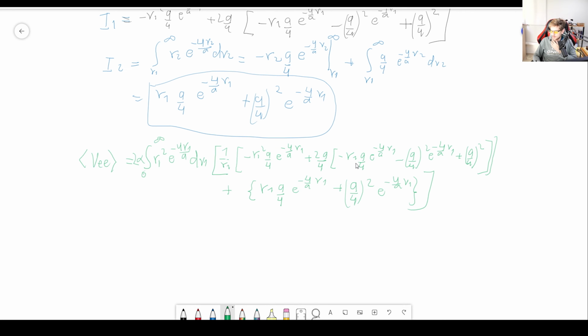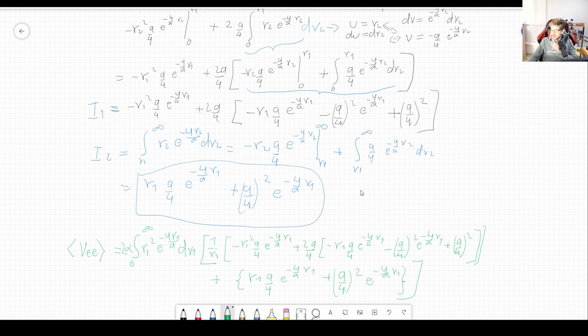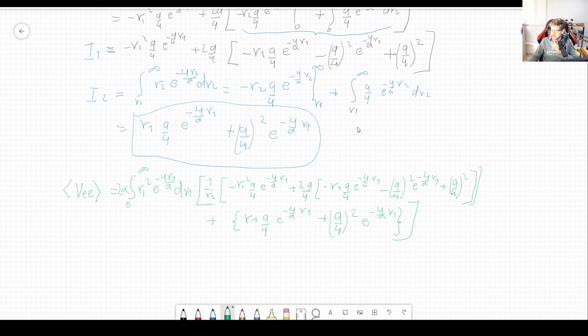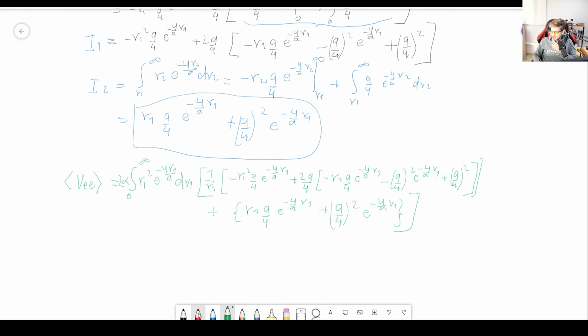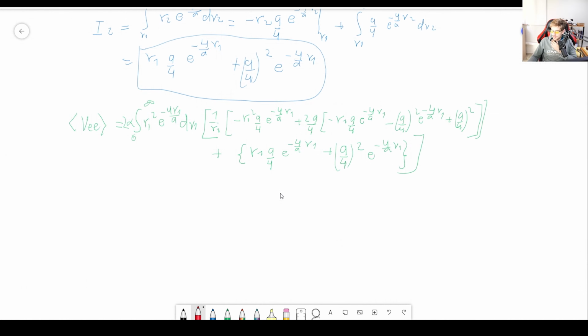Let me double check that I did it correctly. I think it is. So let's multiply in by R1. Actually, I'm just going to take the parentheses because I need to simplify a lot, and I don't want to write down this entire thing. I'll take the parentheses and then plug it back in.